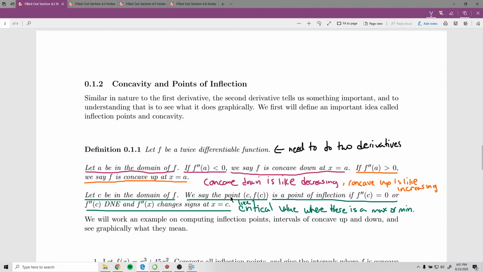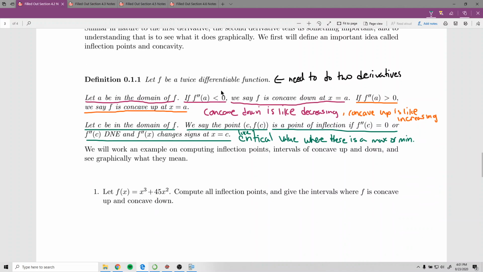All right, so remember from last section, we had a maximum or a minimum if the first derivative was changing signs. We just had to pick the appropriate one, and we had neither at a critical value if the sign stayed the same. But just keep that in mind as we work through this problem. We're going to be doing almost exactly the same thing. We're just going to be dealing with the second derivative.